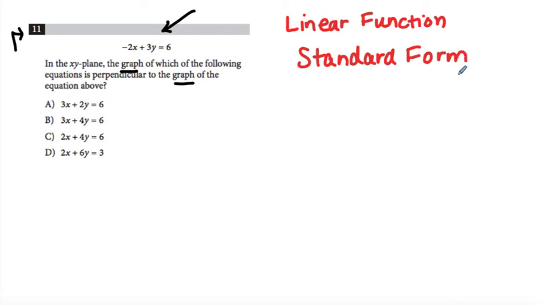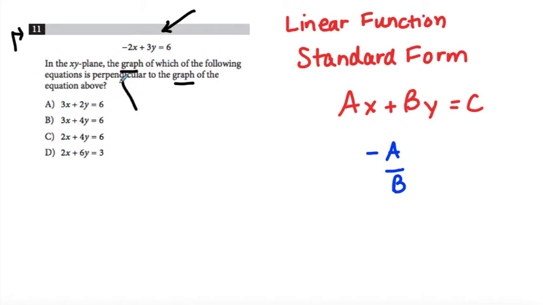So you may remember standard form, I hope you do, ax plus by equals c. A quick way to find the slope in standard form is negative a over b. I think putting this in y equals mx plus b makes it much more challenging. But then there's also some things I need to know.